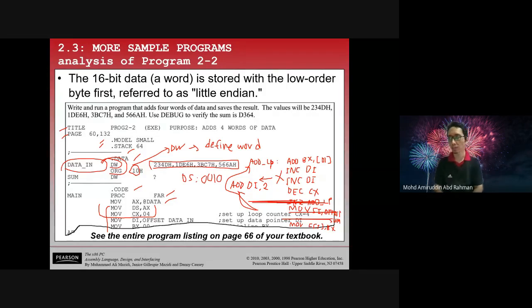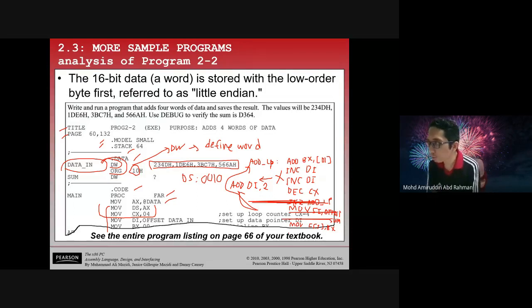Okay, so that's how we add the 4 words of data. A word is 16 bits of data. So before this, we added 5 bytes of data. A byte is 8 bits of data, and a word is 16 bits of data.